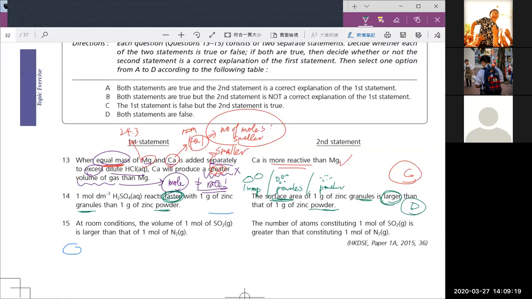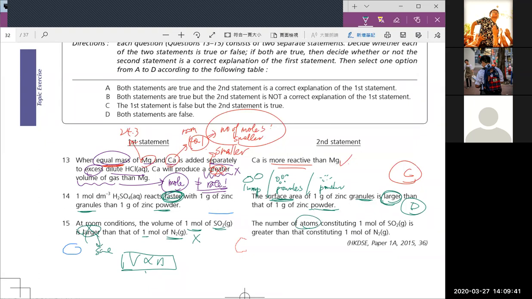Okay, so 15, the last question. At room conditions, the volume of 1 mole SO2 is larger than 1 mole of N2. The answer is wrong. This one is not larger, it's the same. According to Avogadro's law, they are the same, irrespective of the nature of the gas. The first statement is a cross.